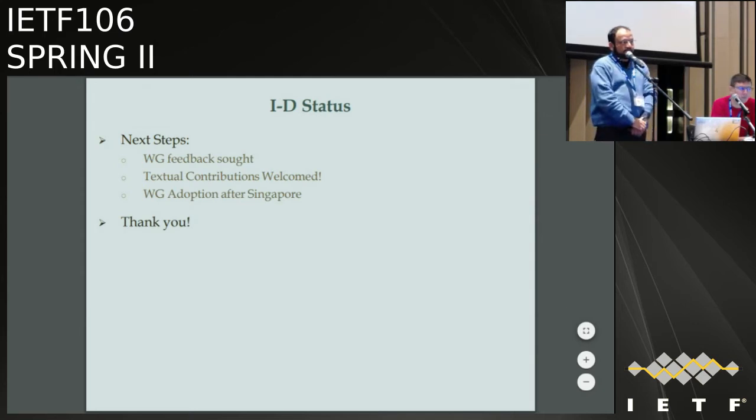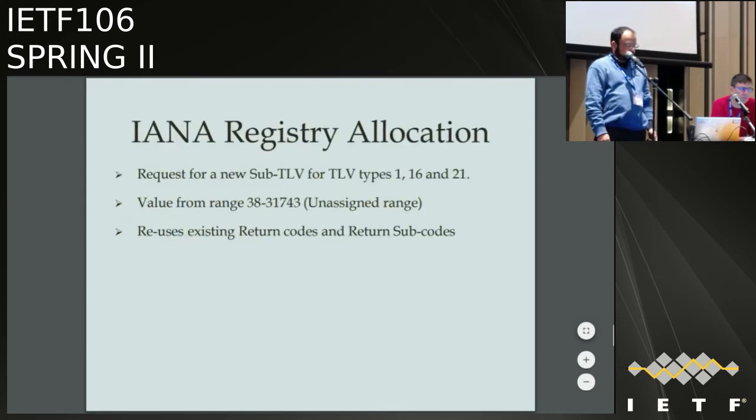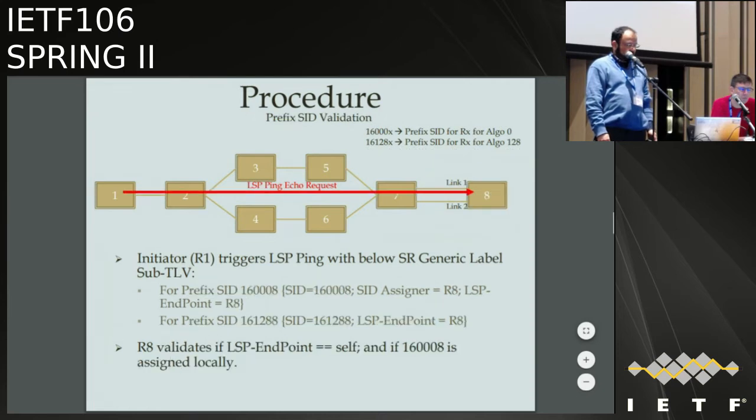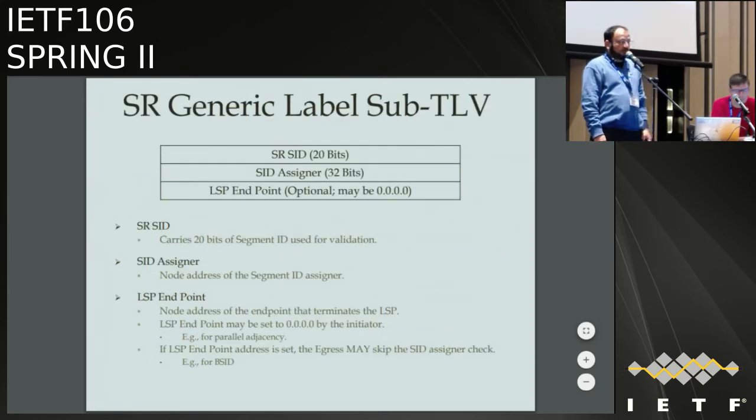Tariq from Juniper. Zafar, if you can go back a couple of slides, you will find the FEC. Here you're able to put in the SID, the assigner, and the endpoint. So you can validate on the endpoint or the egress that the SID is valid, the assigner is correct, and we reach the endpoint. But you don't validate what this SID is assigned to. It's missing.